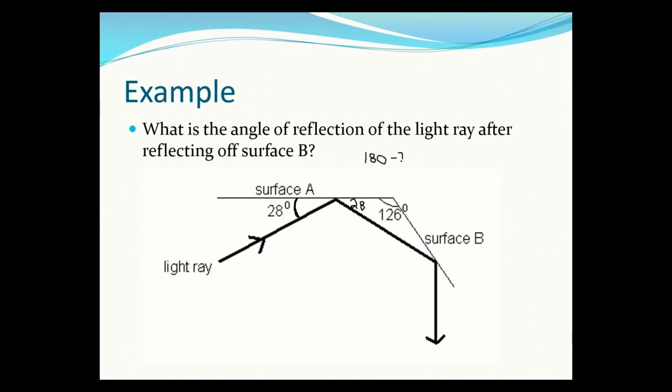So if we go 180 minus 28 minus 126, then we get this angle over here. And we get 26 degrees over here. And it's reflecting off of this surface, not circle. So if this is 26 degrees, then this is 26 degrees, right? So pretty easy. And we're not really going to do a lot of questions like that.